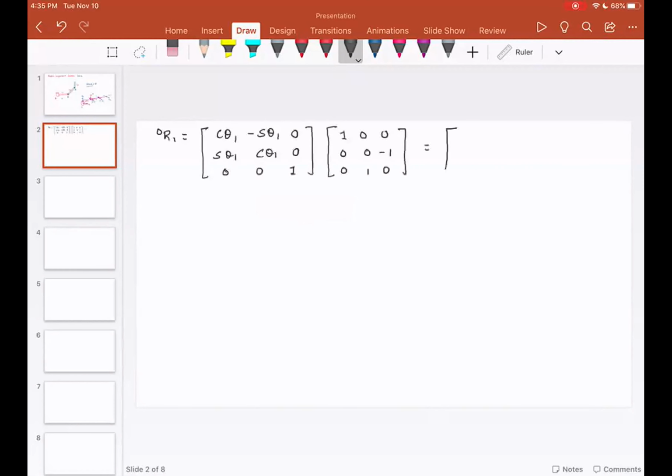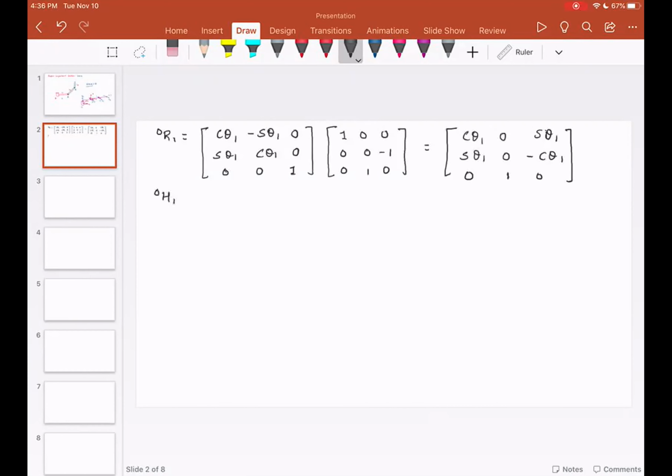And that gives you cosine theta 1, 0, minus sine theta 1, sine theta 1, 0, minus cosine theta 1, and then 0, 1, 0. So this is the 0R1.